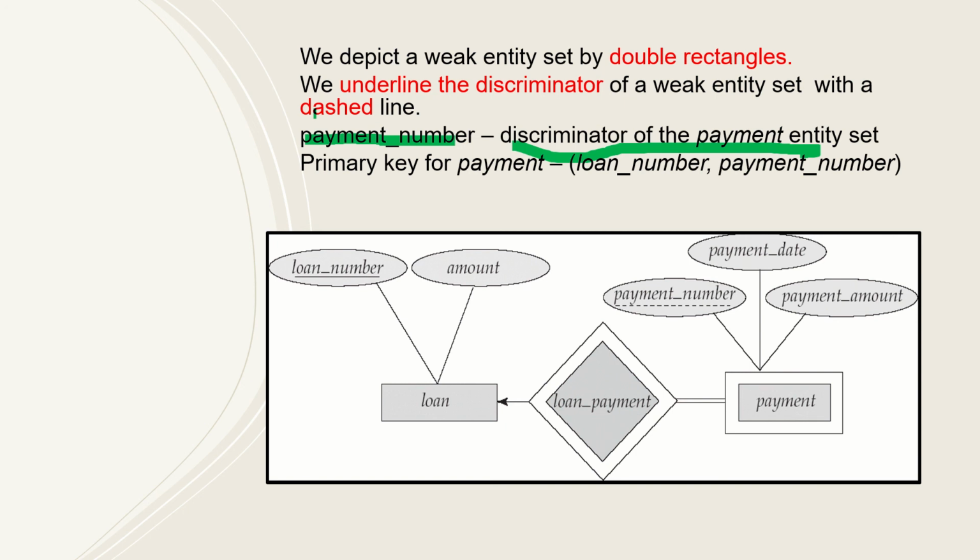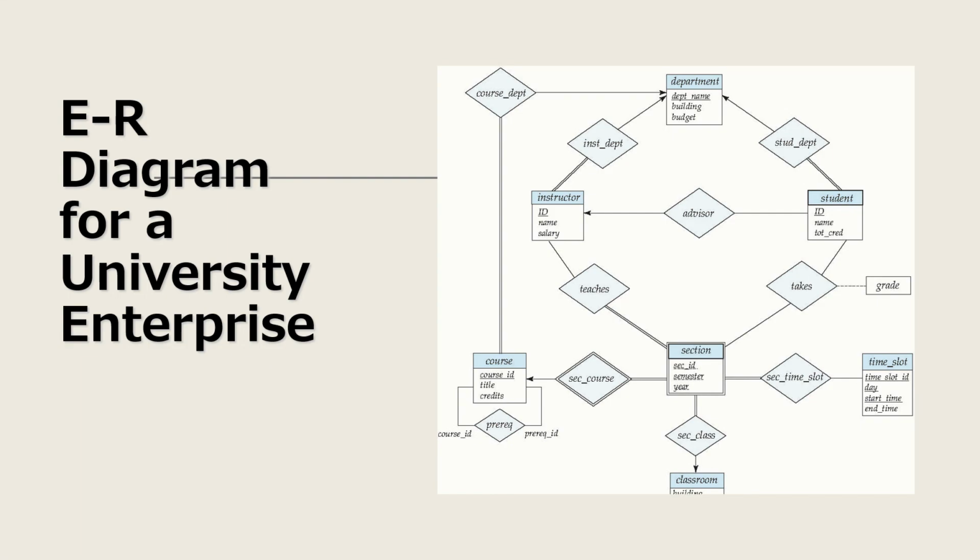Whenever we are going to represent the identifying relationship which exists between a strong entity set and a weak entity set, we have to consider this point. Always the weak entity set will be in total participation in this relationship, but the strong entity set may be total or partial. So we are just representing it as a single line.